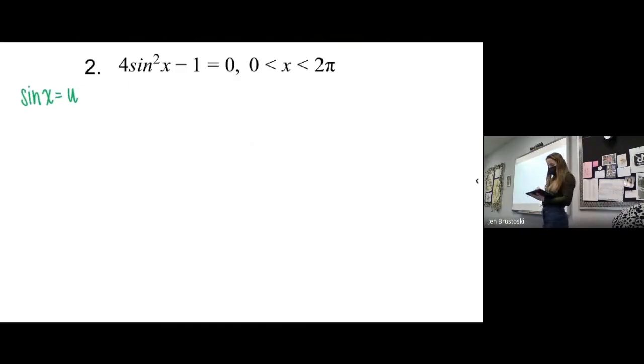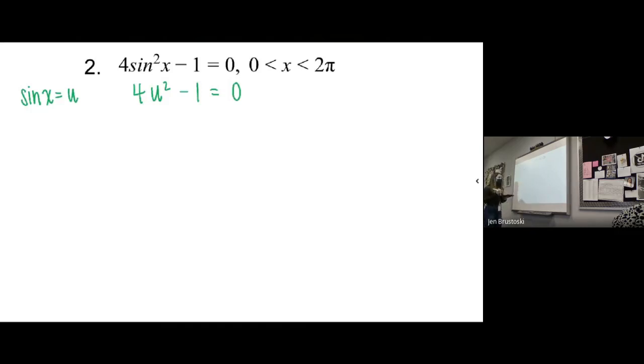So I have 4u squared minus 1 equals 0. We don't have a middle term, but we have 2 squares. So I have 4u squared, that's a square, and negative 1 is also a square.